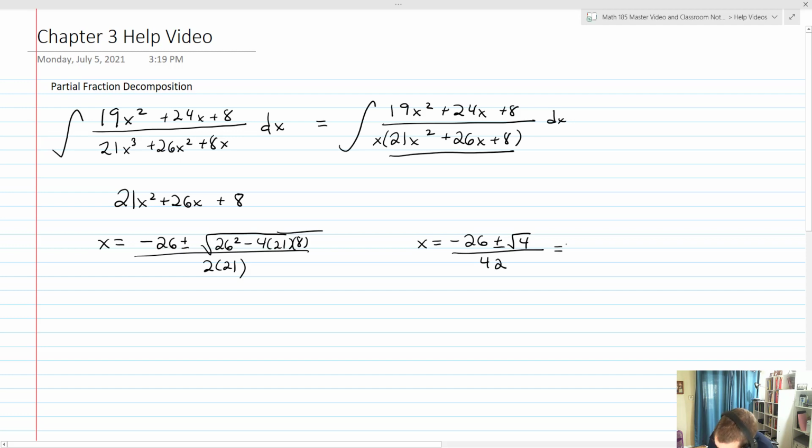And then I can rewrite this as x equals negative 26 minus 2 over 42, and x equals negative 26 plus 2 over 42.